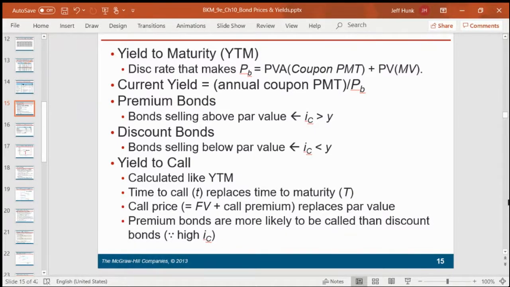But what does long-term mean? If the maturity remaining is 20 years, does that mean return over 20 years? No. That's called holding period return.